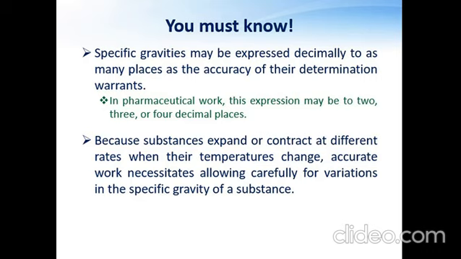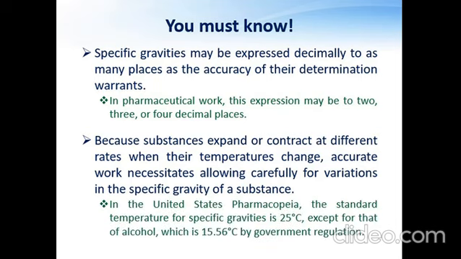So accurate work needs to allow carefully for variations in the specific gravity of substances. In the United States Pharmacopeia, the standard temperature for specific gravities is 25 Celsius, except for that of alcohol, which is different. That is 15.56 Celsius, by government regulation. So those two are something you must know.